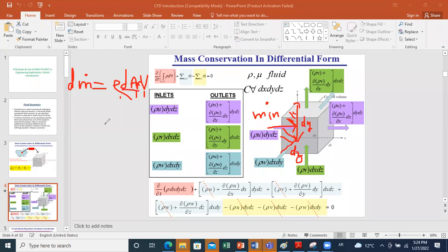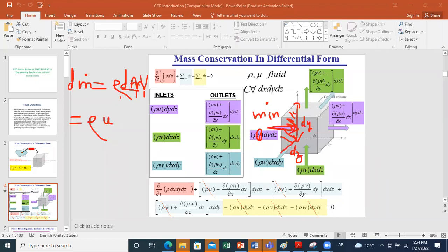For this mass flow rate, I have to multiply the density by the velocity perpendicular to this face. Since this face is in plane yz, the velocity perpendicular to it will be along x. So I should multiply by the component of the velocity field along x. In general, the notation is the following.